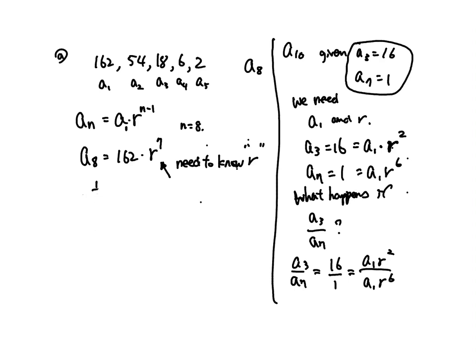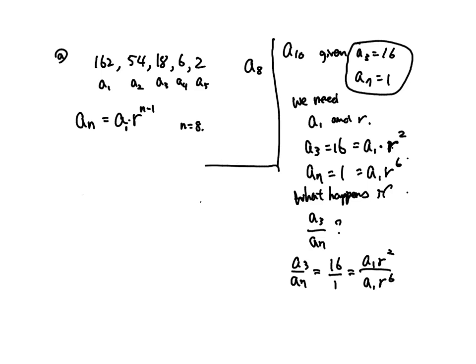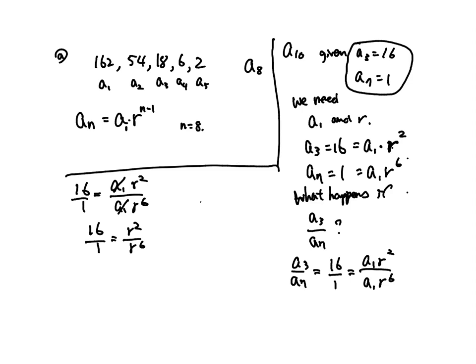We can go ahead and do some cancellation. So we got 16 over 1 equal A1 r squared over A1 r to the 6. The A1s will cancel, so I get 16 over 1 equal r squared over r to the 6. And here we can reduce. This is 16 over 1 equal 1 over r to the 4th power.